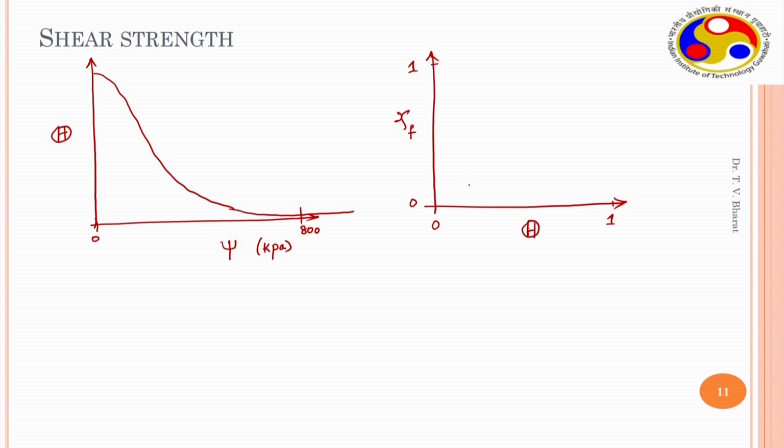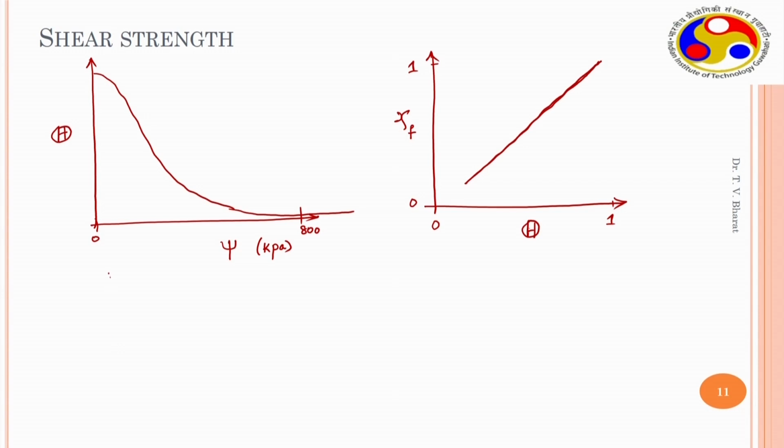So, the variation could be linear like this. There is a problem with the pen, so this does not appear to be linear, but this is linear, right. This is how xi_f varies with volumetric water content.